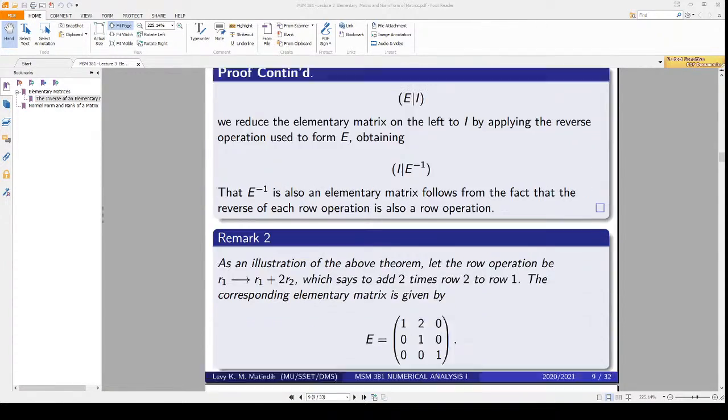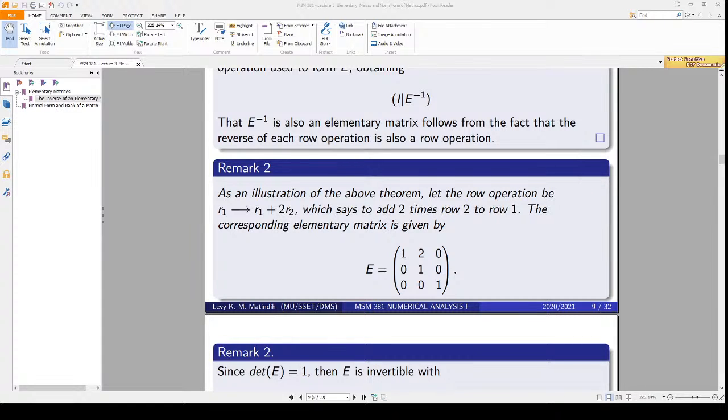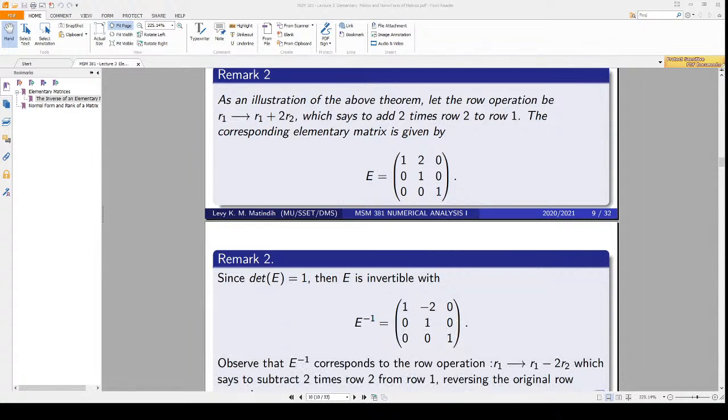So now you have gotten the matrix E by applying the elementary row operation, by transforming the first row of the identity matrix to being the sum of the first row and 2 times the second row, which has given us this E. And then if we find the inverse of this matrix E, it is the matrix with entries 1, -2, 0, 0, 1, 0, 0, 0, 1.